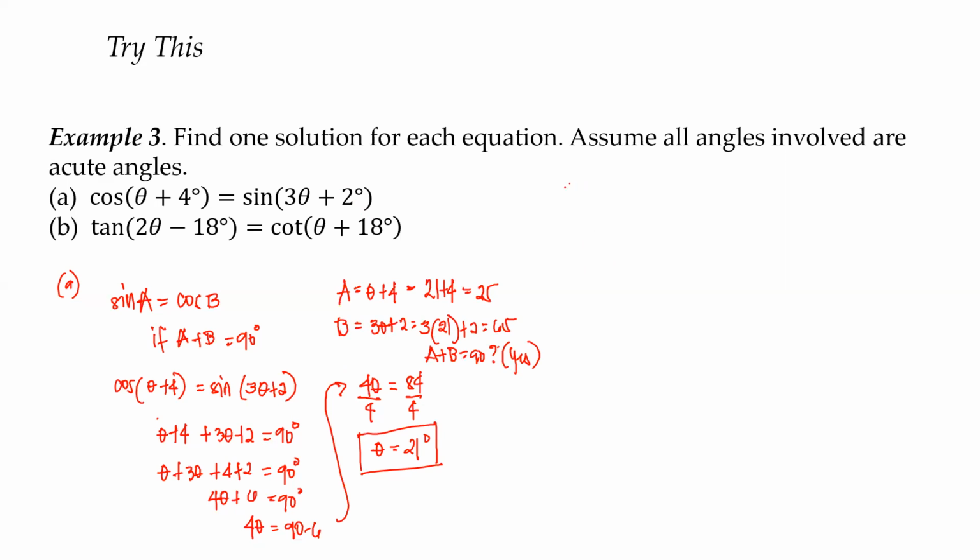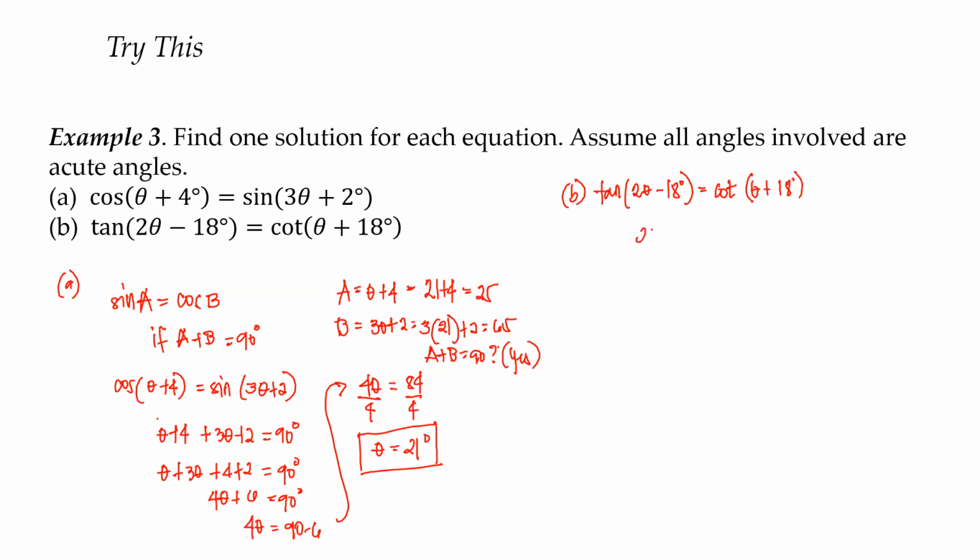Then letter B. We will not go with this lengthy solution. We just say that tangent of 2 theta minus 18 degrees is equal to cotangent of theta plus 18 degrees.